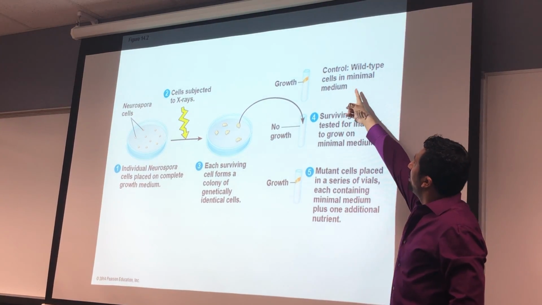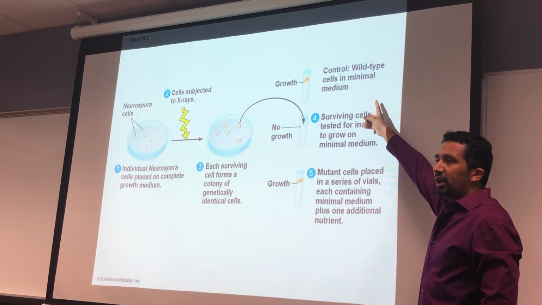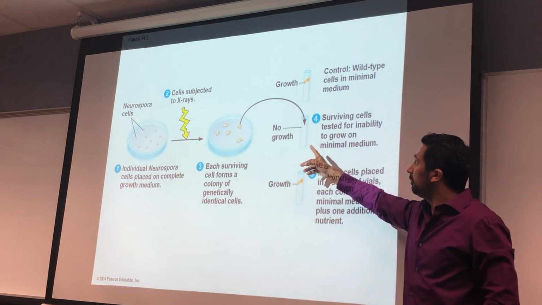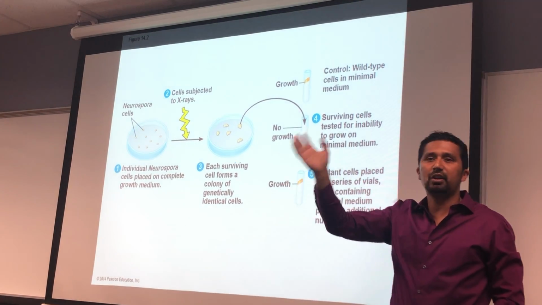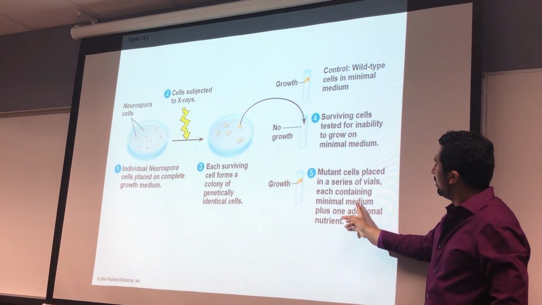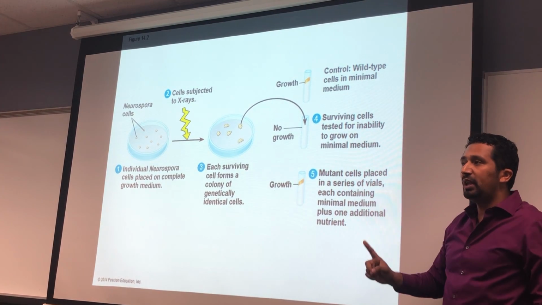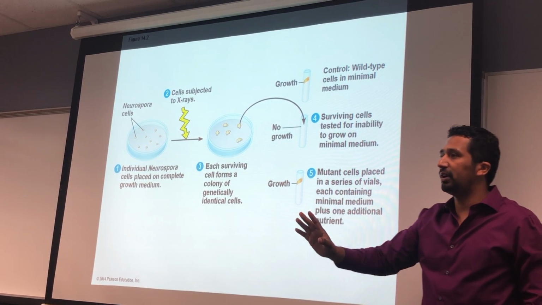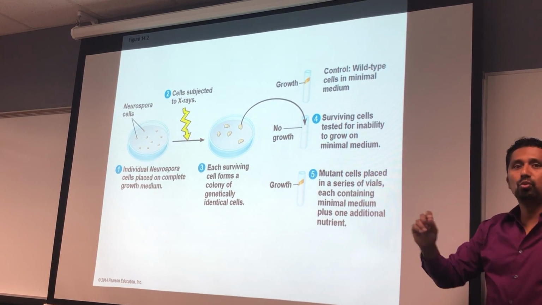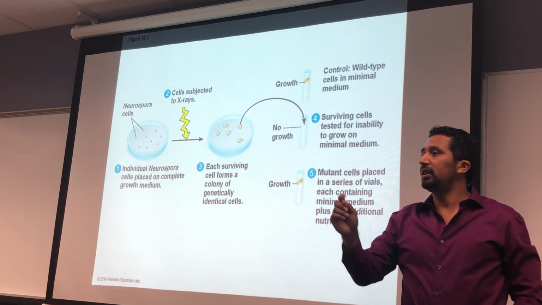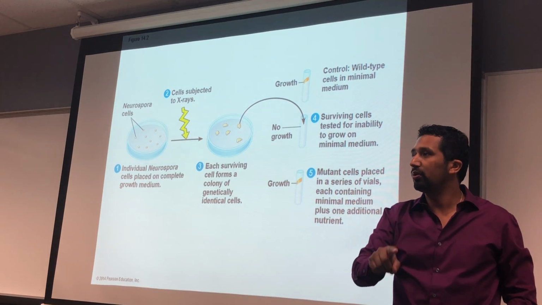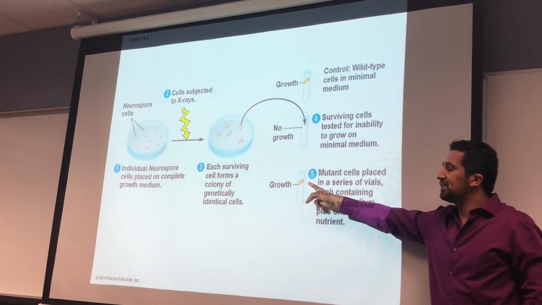If you put the control, the wild type, no X-rays, no mutation, in minimal media, they grow. They're able to convert that minimal media into the arginine and therefore survive, okay? If you put these mutants in the minimal media, they don't have a functional enzyme, but if you add the nutrient that the enzyme is supposed to produce, the product of that faulty enzyme, now they are able to grow.